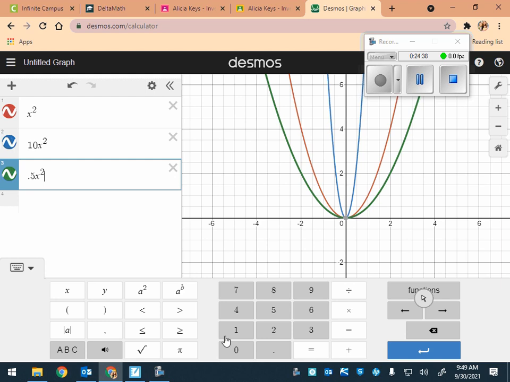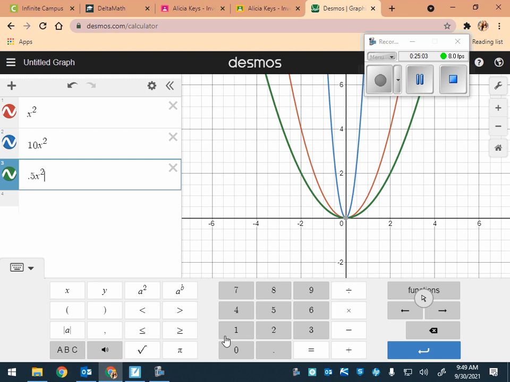So y equals 1/2 x squared became wider. This is also called a vertical compression, or some might say a shrink. Okay, it's getting wider. It's a vertical compression.